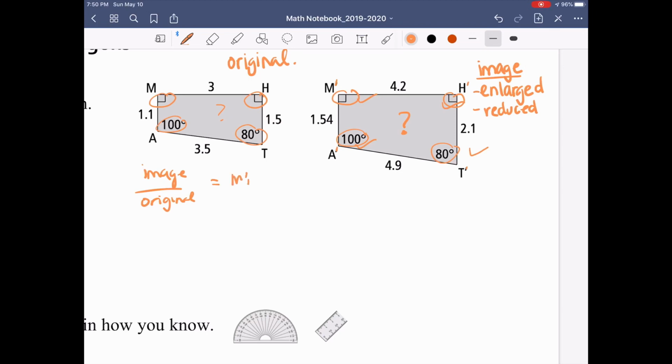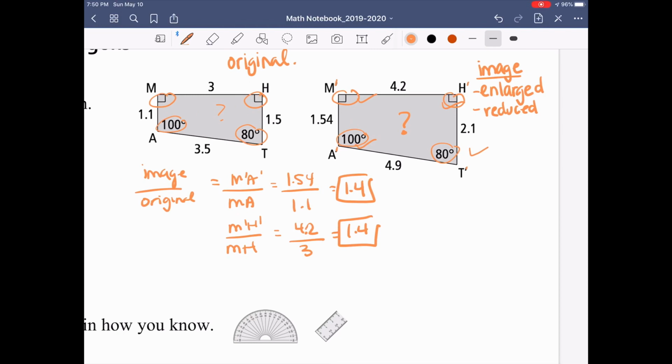So side M prime A prime over MA. These are corresponding sides. So 1.54 over 1.1. When I divide them, I get 1.4. So let's check the other ratios. M prime H prime is proportional to MH. So 4.2 over 3, which is also equal to 1.4. If we keep going, H prime T prime is proportional to HT.